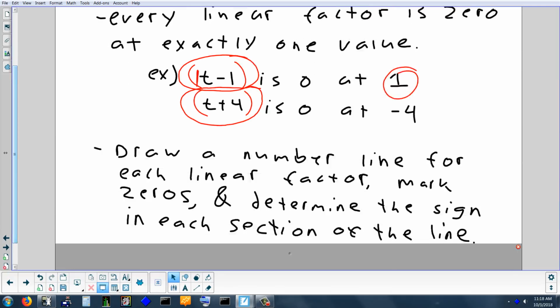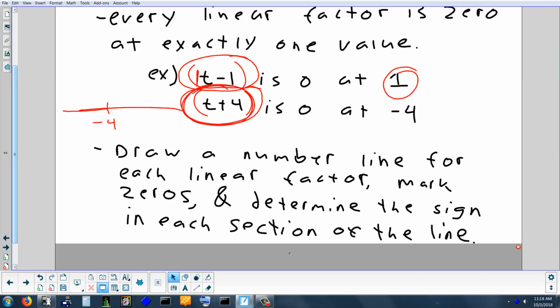And the way we're going to show where it's positive and where it's negative, we're just going to make a picture. We'll draw a number line. I'll do a number line for the bottom one. On the number line, I marked the 0 at -4. And now I'm going to determine what happens in each section. If I plug in a number that's smaller than -4 into that expression, what happens?